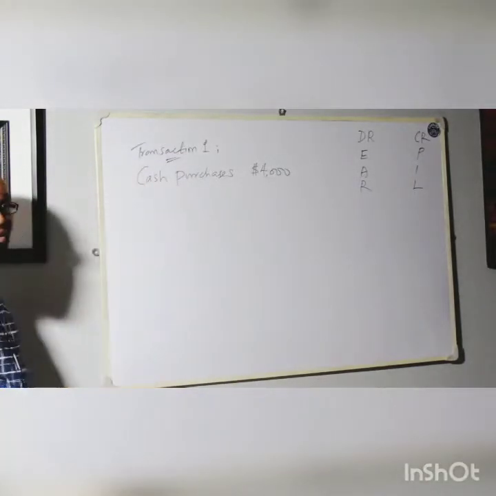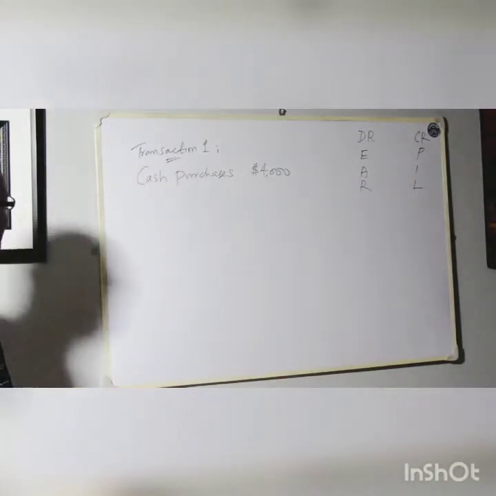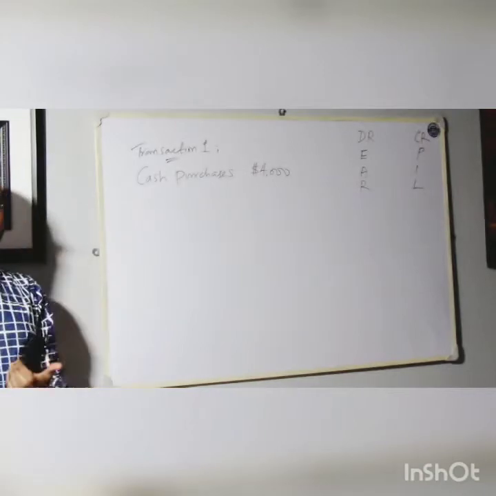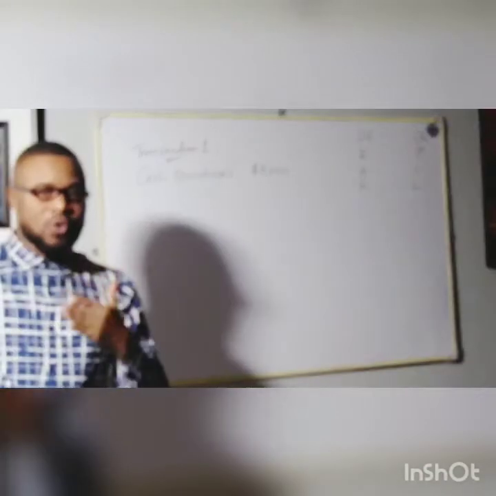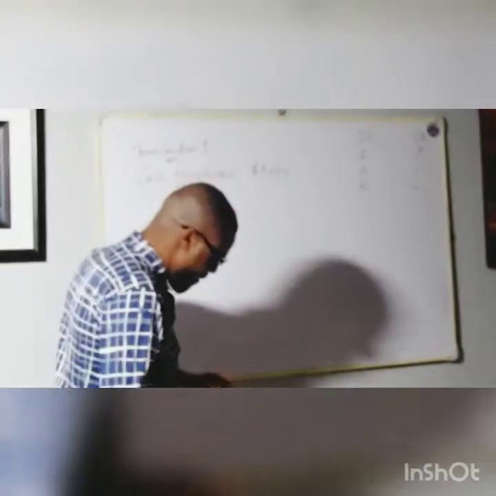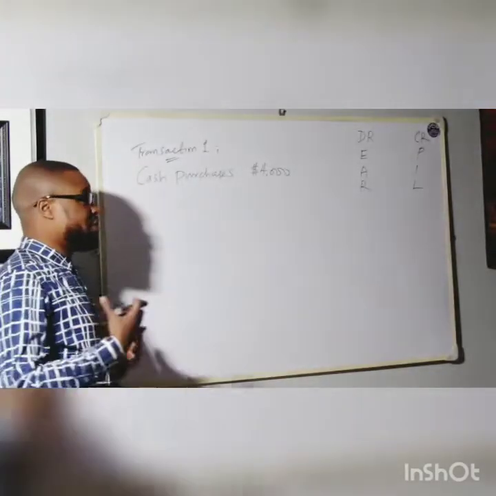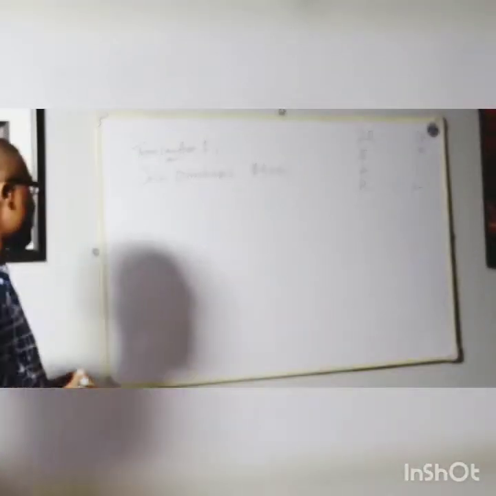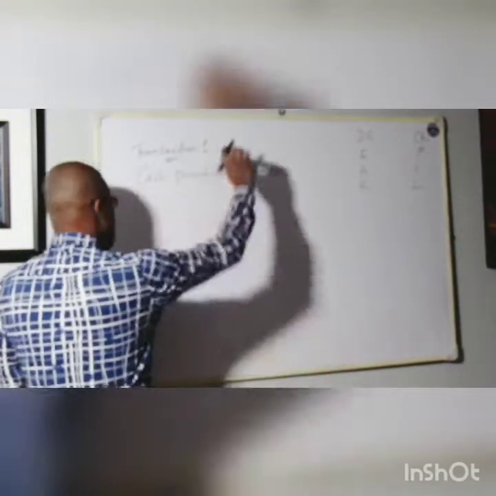I have the first transaction on the board, which of course is cash purchases of $4,000. What this simply means is that the business made purchases, and in the process, at the same time, the business made a payment of $4,000.